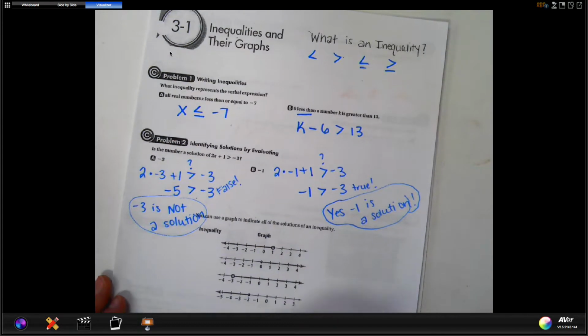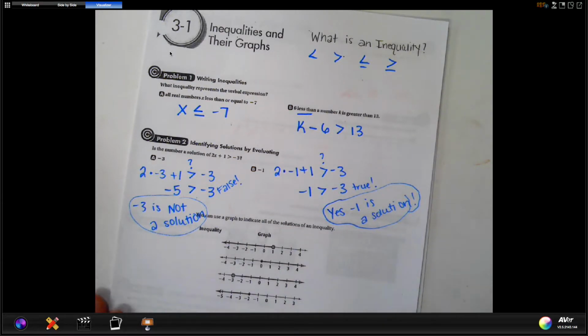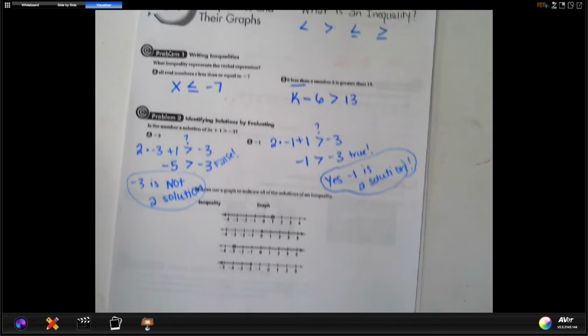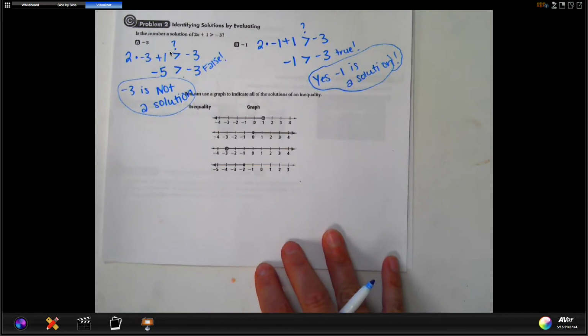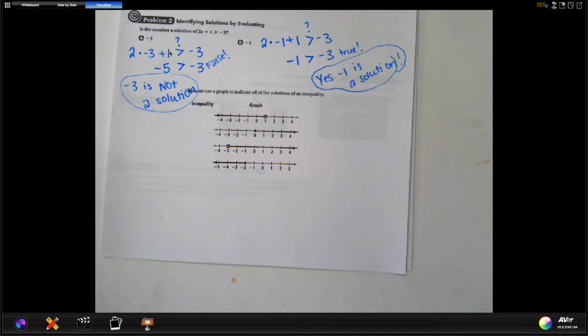Now, this one goes to the back of the page. What I did is I copied an example of graphing inequalities. The basic things that you need to know are that when we graph an inequality, we graph it on a number line, not a coordinate plane, and there's either going to be an open circle or a closed circle.